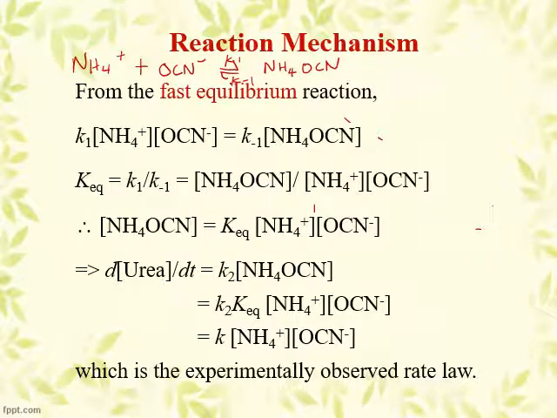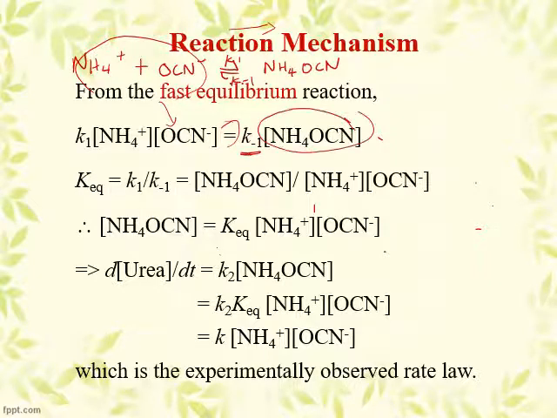So when we write the expression, K1 is going forward to the product, so K1 times NH4 plus OCN minus. And then it will be the same as the reverse reaction, which is K negative 1. When you reverse direction, now NH4OCN becomes the reactant.